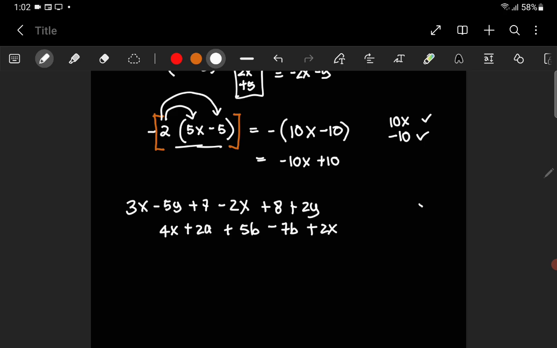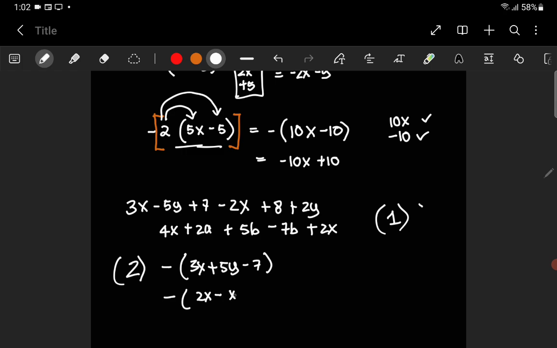That's the first section, right? And then the second section, I can give it like negative 3x plus 5y minus 7. And then I can also give negative 2x minus xy plus 10.